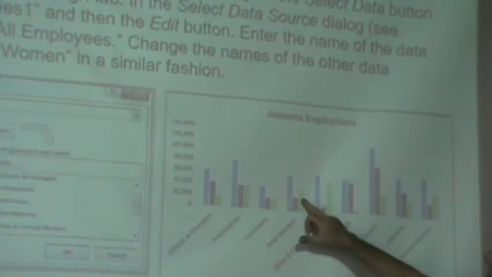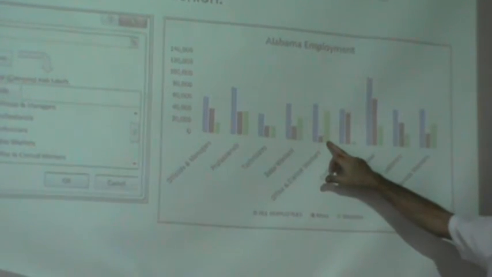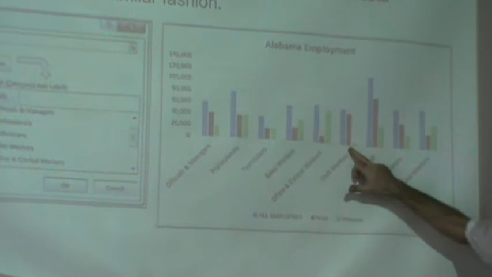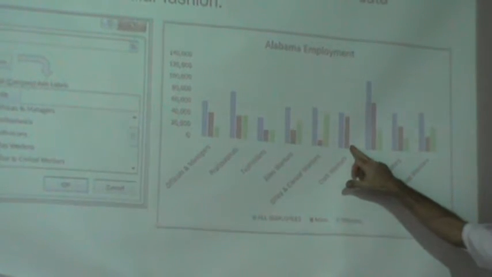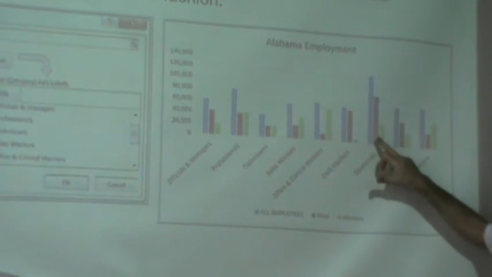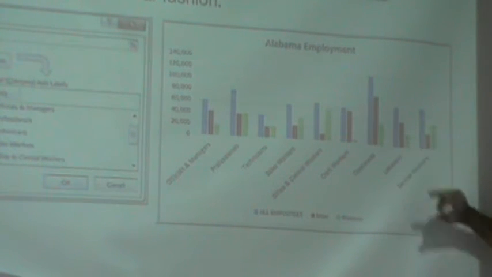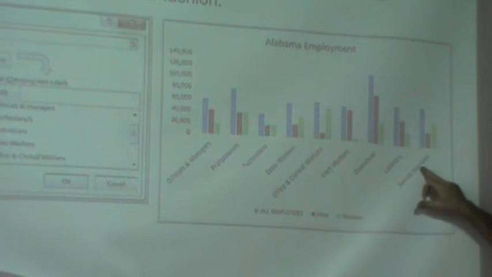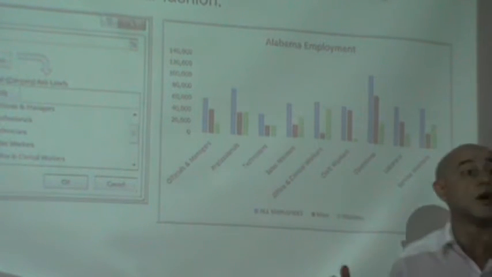Professionals, just about equal. Technicians, just about equal. Sales, a lot more women. Office workers, a lot more women. Craft workers, a lot more men, the red over the green. Operatives, a lot more men. Laborers, a lot more men. And service workers, a lot more women.